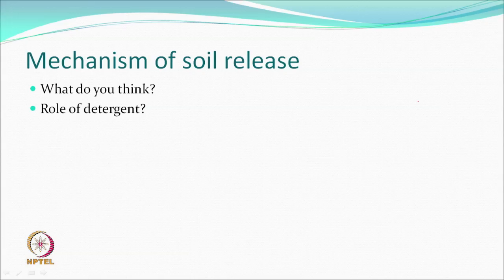So, let us say there is a soil which could be, let us say, an oil droplet. If it comes out, then a surfactant, you know what it is? It is also a surface active agent, right? You remember that? So, what will happen?